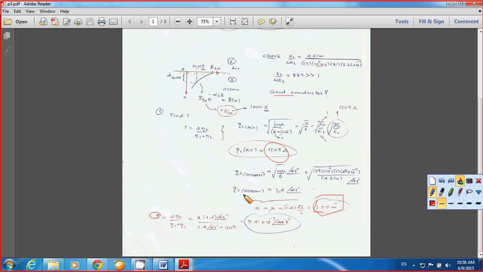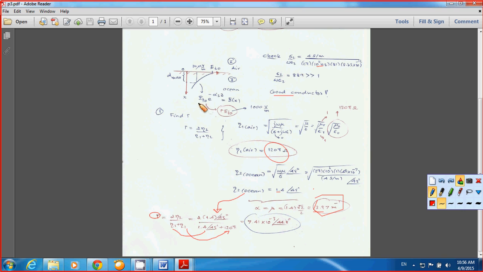This is eta 2, and this is also eta 2, and your eta 1 is the intrinsic impedance of free space, which is equal to 120 pi ohms. Finally, you have the transmission coefficient to be 7.41 times 10 to the negative third, and the phase angle is 44.8 degrees.